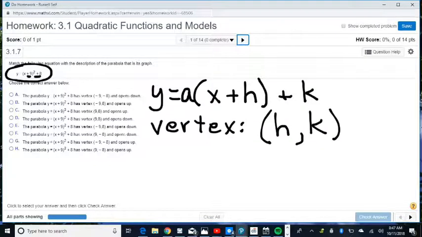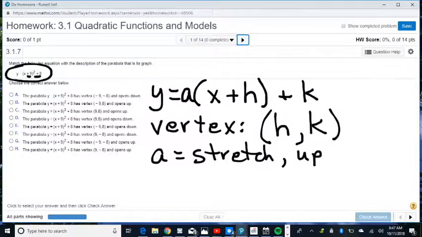So when it's in this format, you can literally just read the point of the vertex. Remember that a is that stretch that we were getting. It also will tell you whether the graph opens up or down. Up if it's positive, down if it's negative.